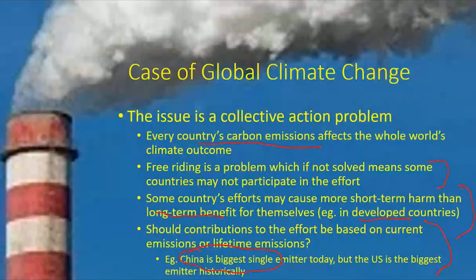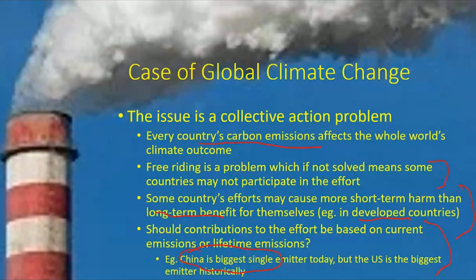And if we ask the question that way, then China, for example, points to the US and says, well, you're the ones who emitted most of the emissions into the atmosphere already, so you should be the ones that have to make the big changes today, not China, which is still a developing economy in terms of their per capita income. Okay, so that's another issue.